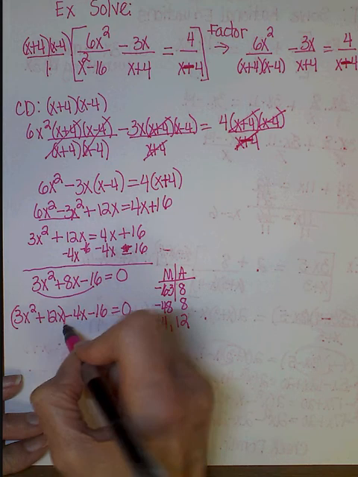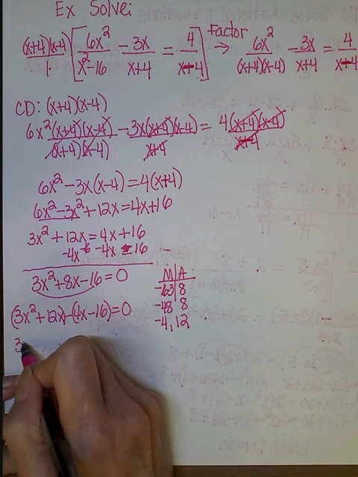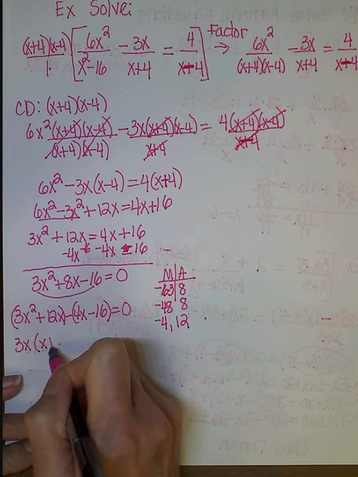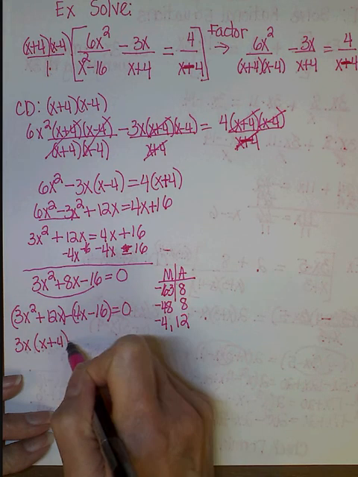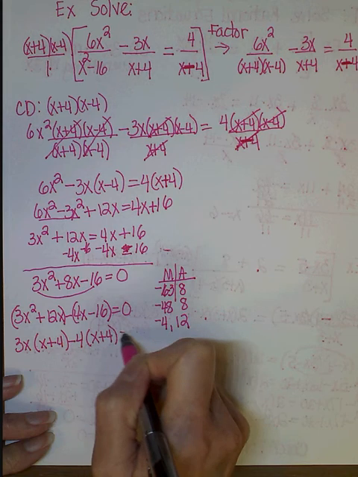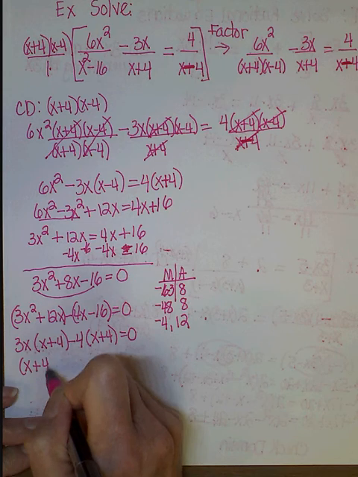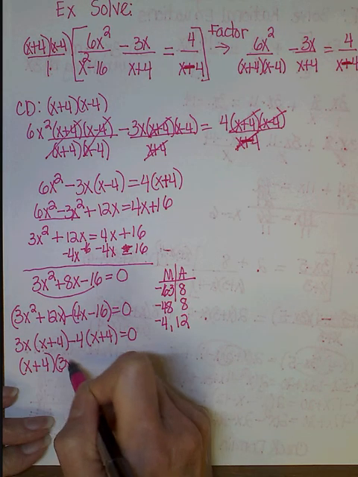Anytime you have a number in front that's not 1, you have to use regrouping. Factor out a 3x. Factor out a negative 4. Almost done. I know one of my factors is x plus 4, and the other one is 3x minus 4.